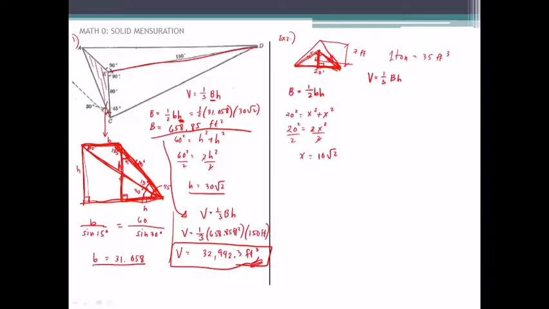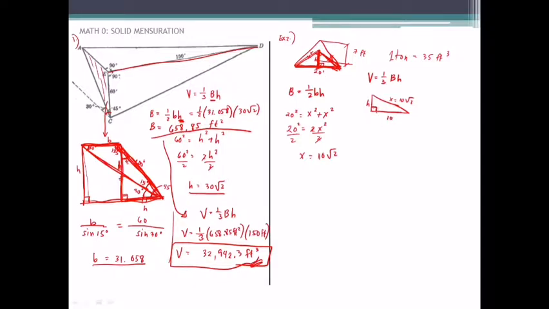So this is the center, and this is 20. This is our h, so in this triangle, this is x, which is solved already as 10 square root of 2. And since the center divides it into half, that is 20 divided by 2, so this is 10.